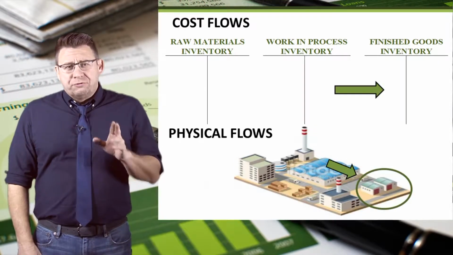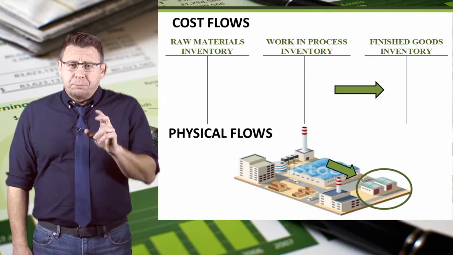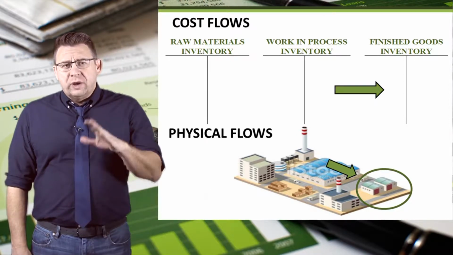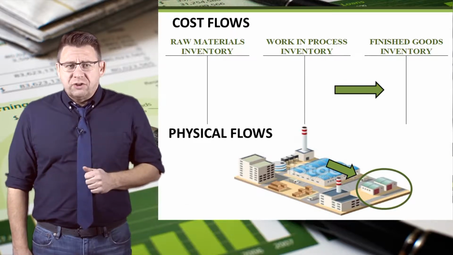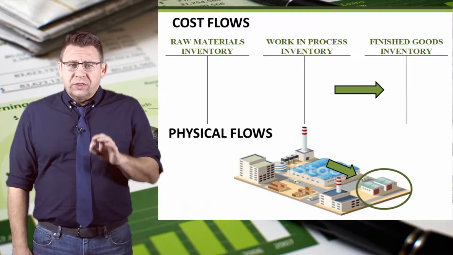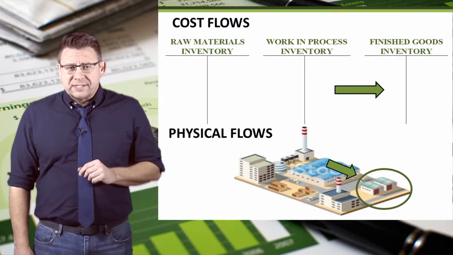When costs move from WIP to finished goods inventory, completed products physically move from the production floor to a finished goods warehouse or storeroom, which is a separate location. So I hope that visualization will help you with the concept of how costs move through the production process.